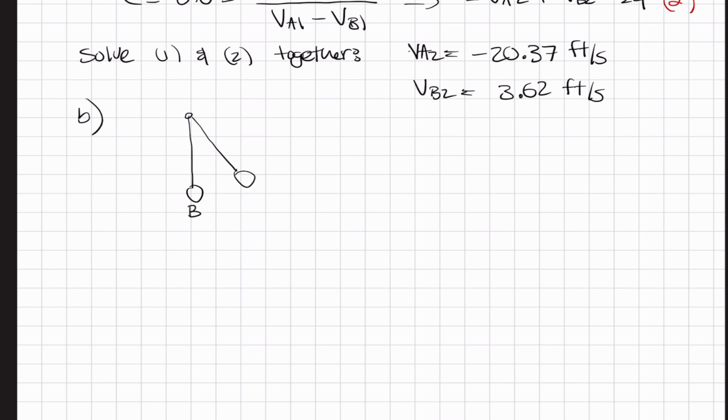And I suppose this angle might be exaggerated slightly. So you're converting your VB2, which we calculated just now, into some sort of H max. We want to know how high this mass goes, but we want to express it in terms of theta. So we want to find out what theta max is. That's really the question here.